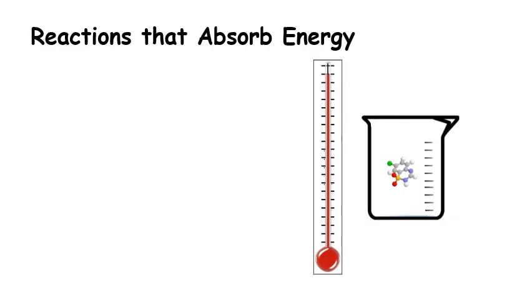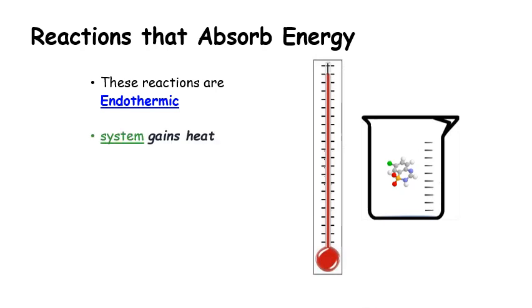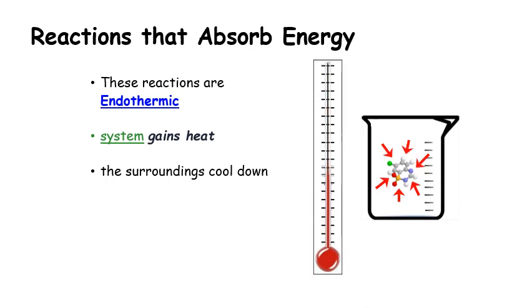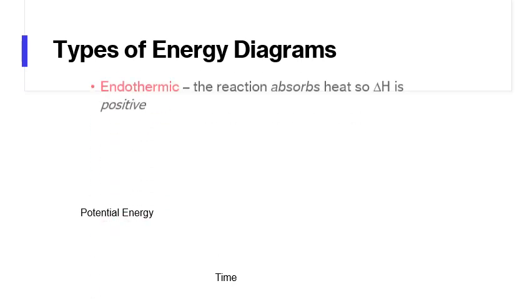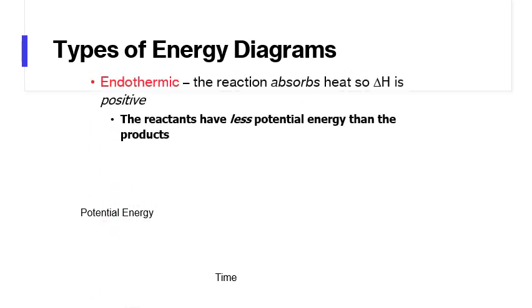Second type of reaction is endothermic reaction. That means it will gain heat and the surroundings will cool down because it is absorbing heat energy from the surroundings. So you can see that the temperature is going down for the surroundings. So for the endothermic reaction, the potential energy diagram will look like this.